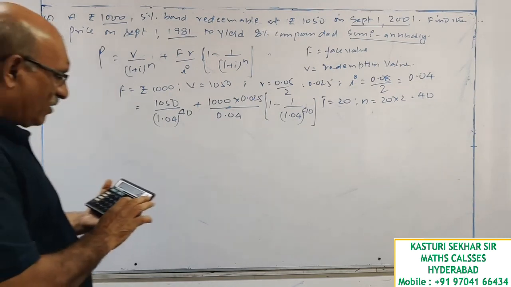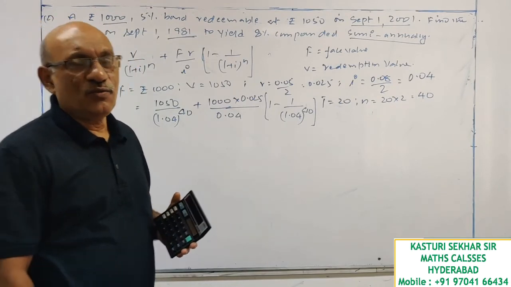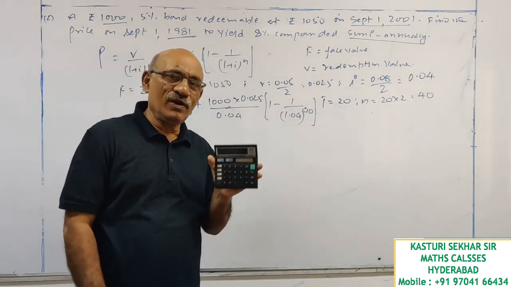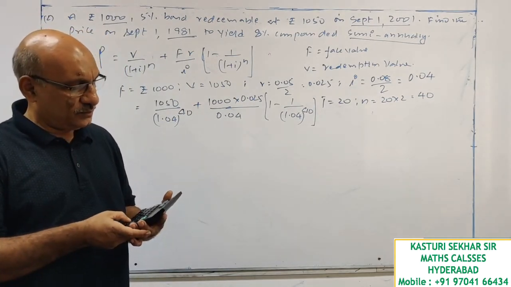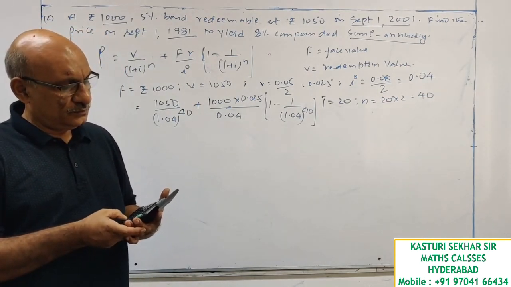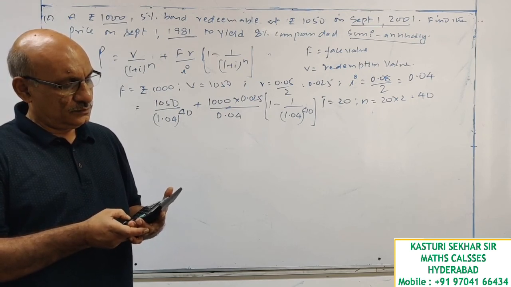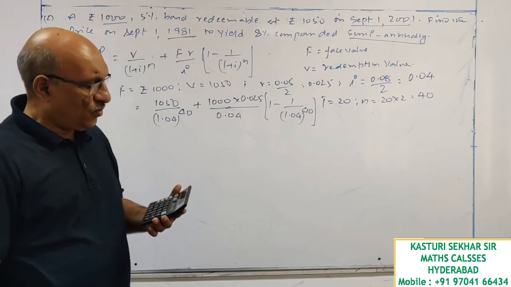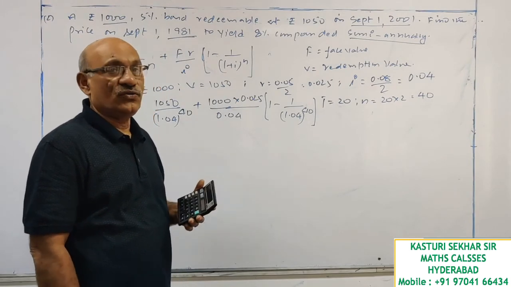This value you have to do. Let me calculate, sir. 1.04 into, as and when you press into, the left hand side corner number will be 1. Press the equal to sign till it becomes 41. This is 4.801020.